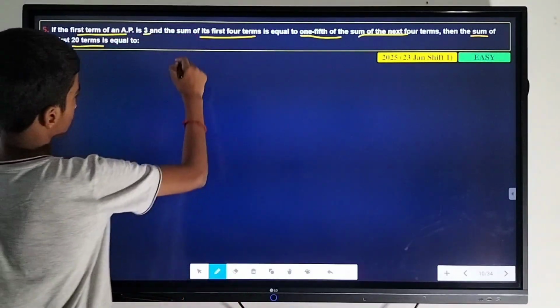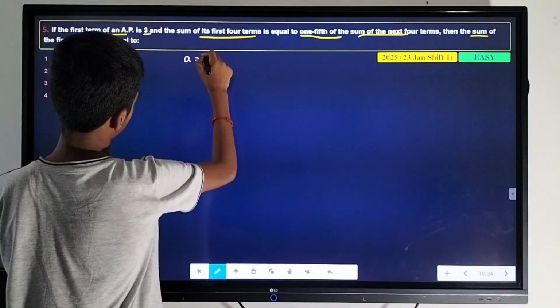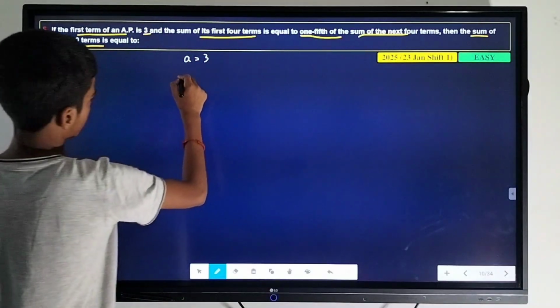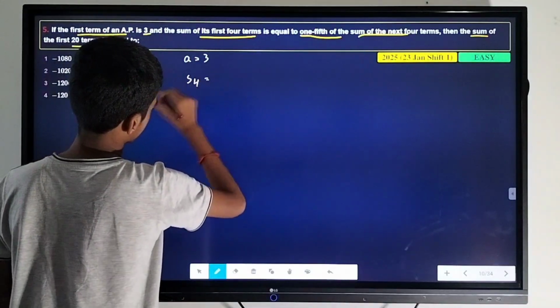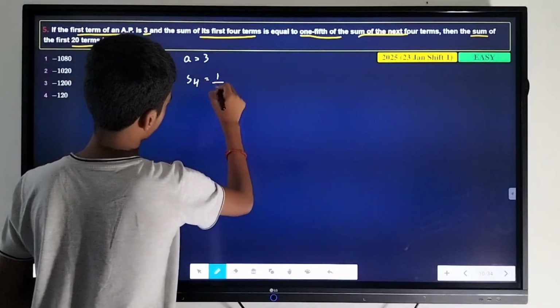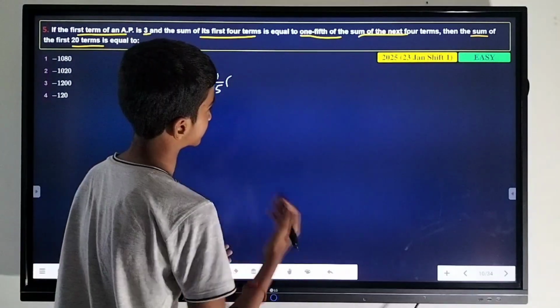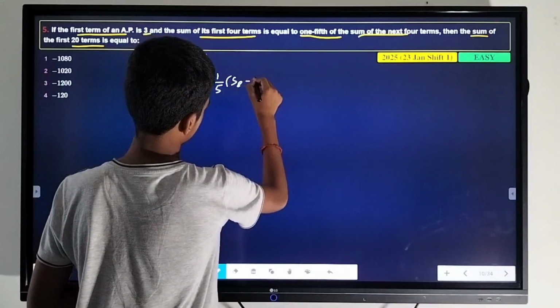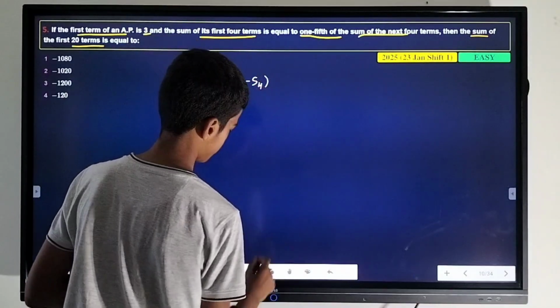So our first term is equal to 3 as given in the question. Sum of first 4 terms is equal to 1/5 of sum of next 4 terms. We can write it as sum of 8 minus sum of 4.